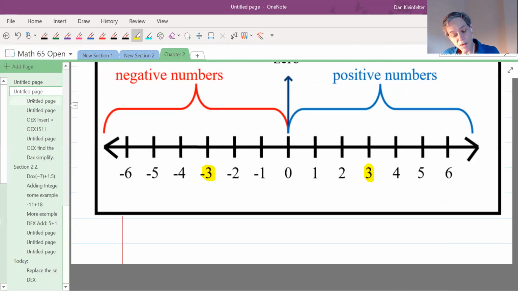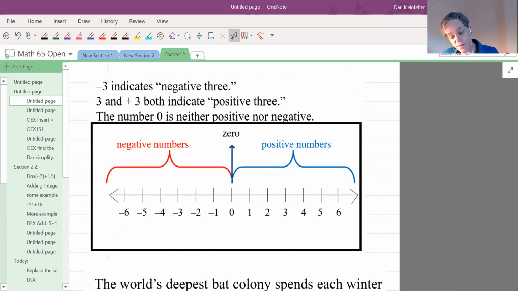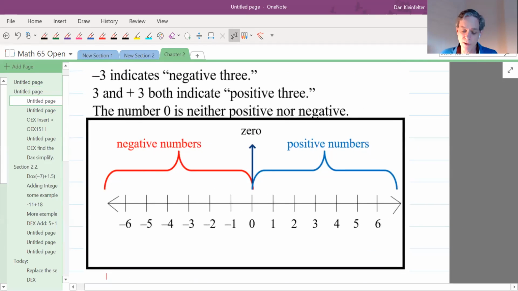When you take those positive and negative numbers together, they make up the integers. So 0, 1, 2, 3, 4, 5, and so on, negative 1, negative 2, negative 3, and so on make up the integers. Okay, the dash in front indicates a negative. So here, this dash in front of the 3 indicates negative 3. 3 and the plus sign 3 both indicate positive 3.